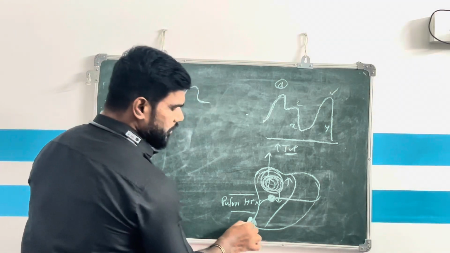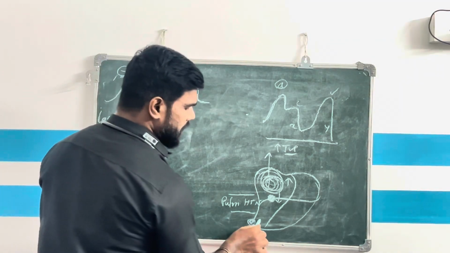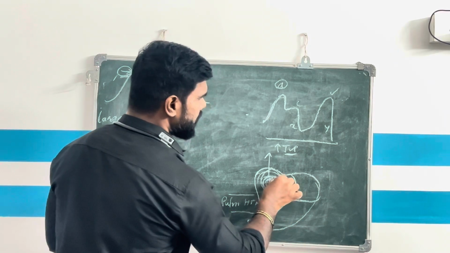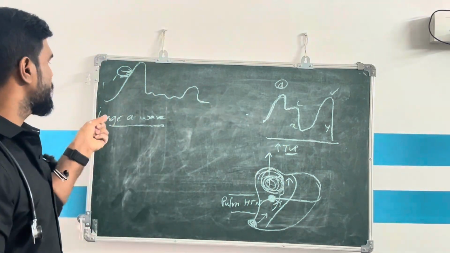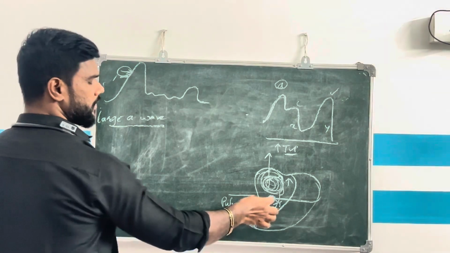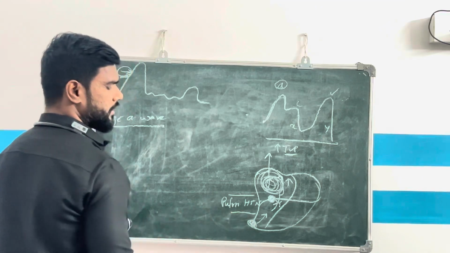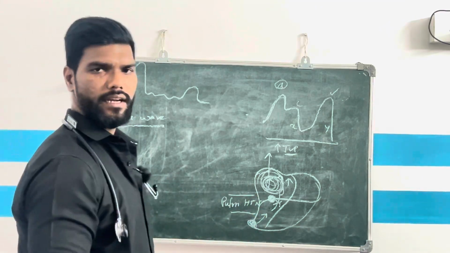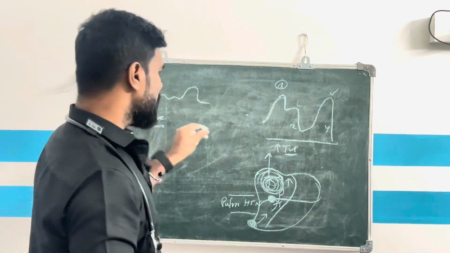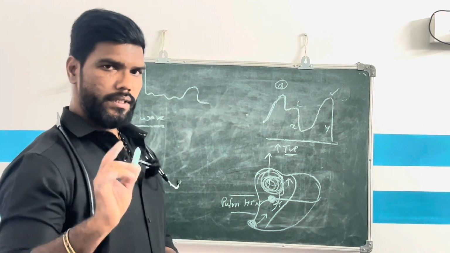In pulmonic stenosis, the same mechanism takes place. The blood volume and pressure are increased, producing a large A wave. So there are three main reasons: tricuspid stenosis, pulmonic stenosis, or sometimes pulmonary hypertension. In COPD cases also, a large A wave can occur, right?